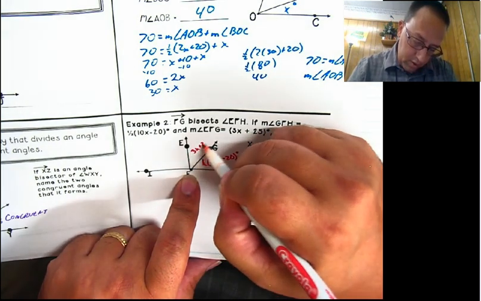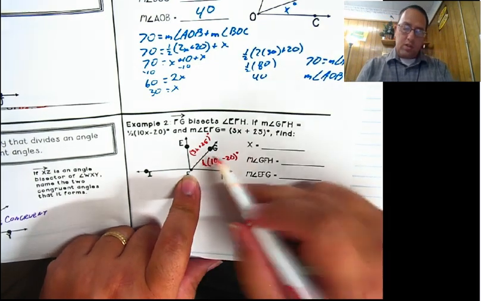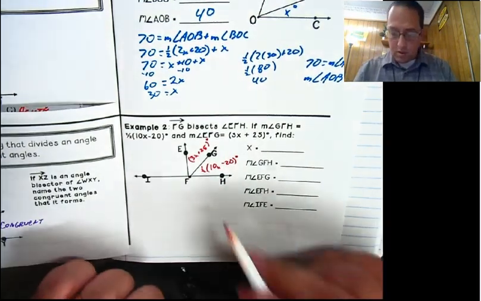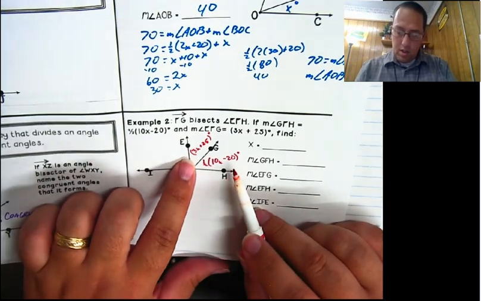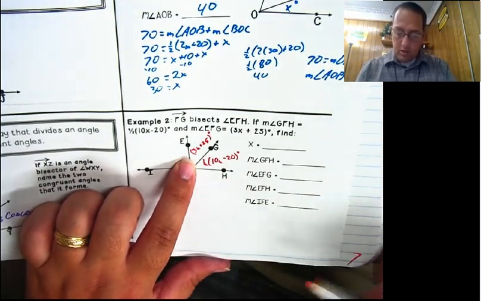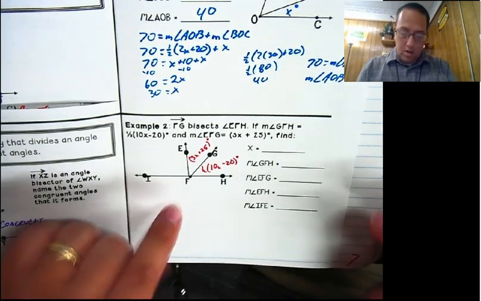(3x plus 25). We put it in parentheses here and put a degrees there to show that this is degrees. So the parentheses here aren't really doing anything. But then we want to find all this stuff. So what can we do with that?